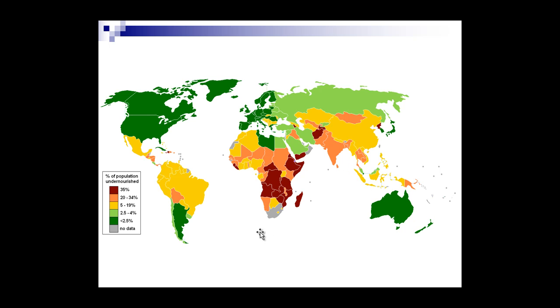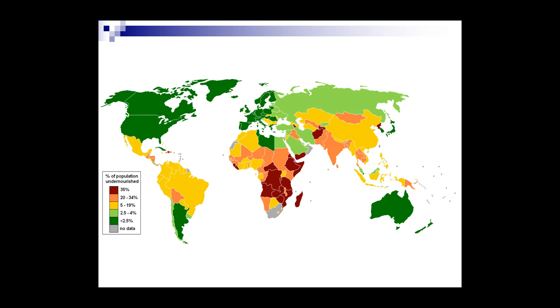Australia, New Zealand, Japan, pretty well off. South Korea. Africa is suffering pretty heavily all across the board here. Parts of Asia and South America and Central America are coming up. They're getting better, but then you've still got places like Afghanistan here that are starving. And so hopefully we can help those people.